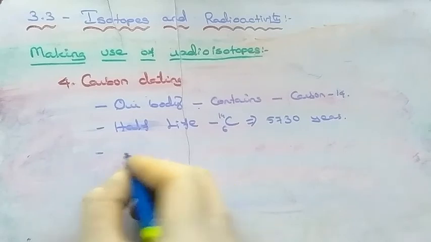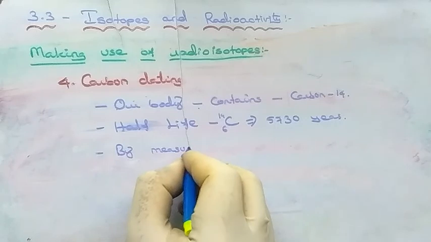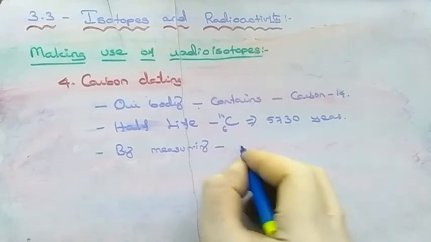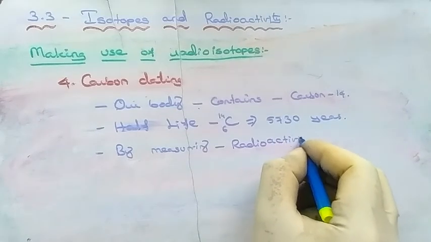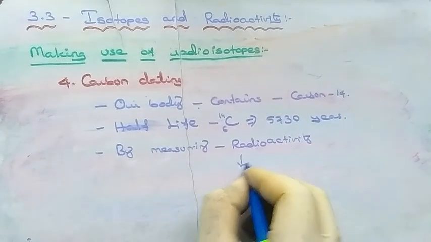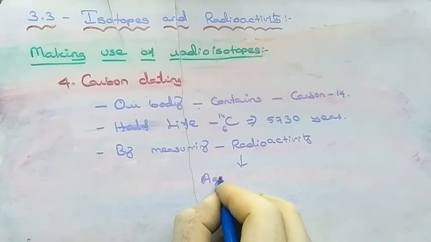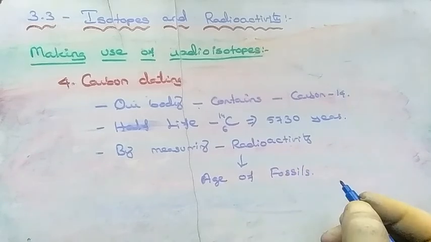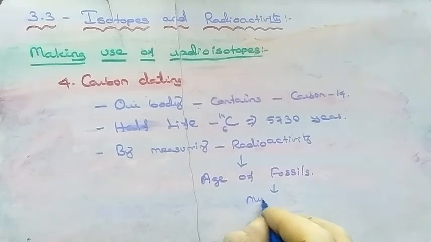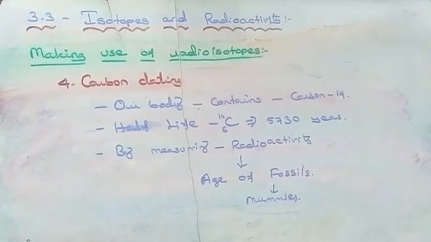So by measuring the radioactivity of carbon-14 isotopes, we can find out the ages of fossils. Because of carbon-14 only, archaeologists are finding out the ages of mummies.